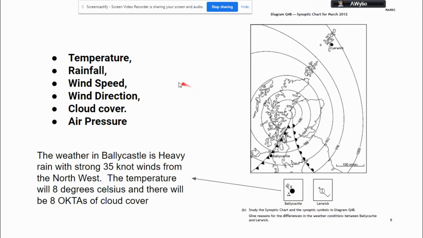The key learning outcome, the thing you need to remember, and it's probably something to revise, is when you answer one of these questions, you want to refer to the temperature, the rainfall, the wind speed, the wind direction, cloud cover, and air pressure in your answer. Whatever shape or form these questions come in, all of these should be dealt with, and you should look to explain why these vary.